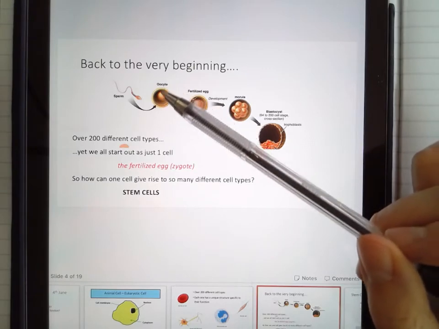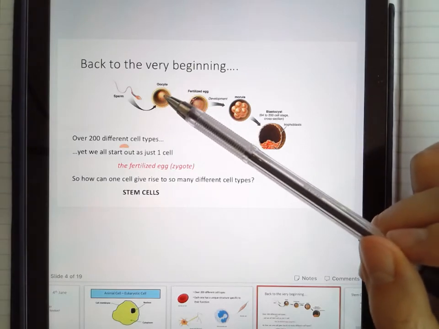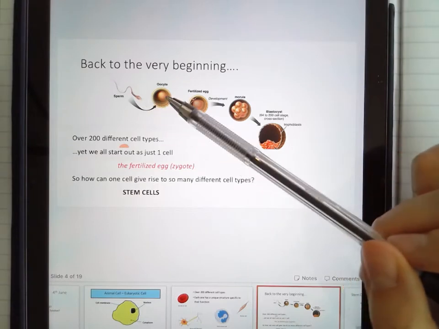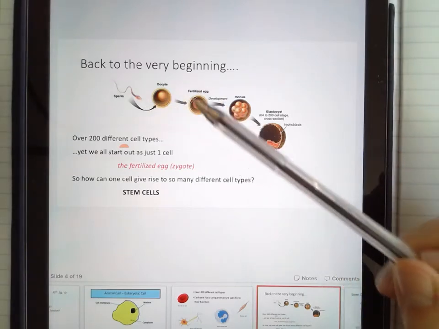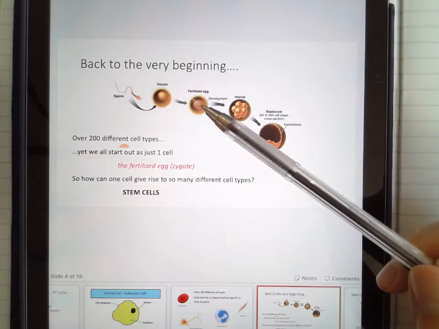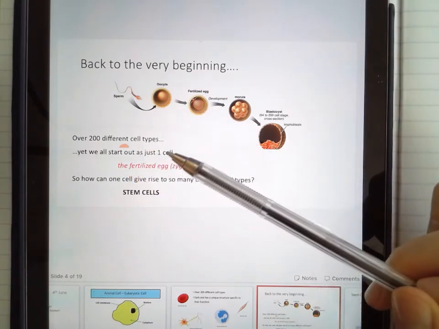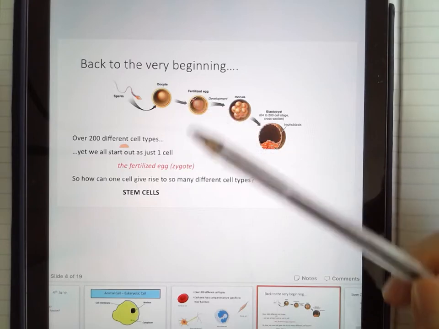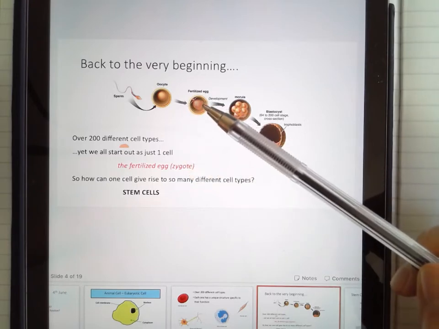So this here is labeled an oocyte, but it's just another word for an egg. So the sperm meets the egg, and when it does so, you form a fertilized egg. Okay, so a fertilized egg is just one cell. So we all start out as just one cell, the fertilized egg, which can also be called a zygote.